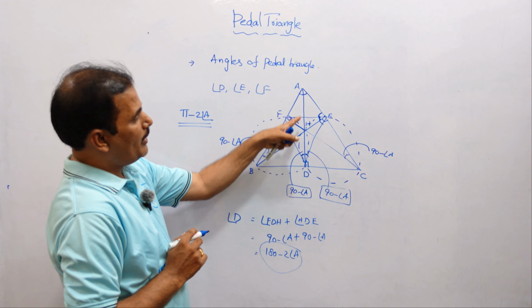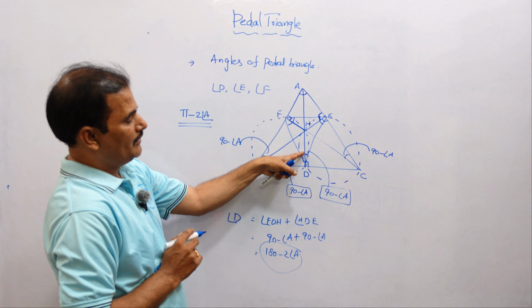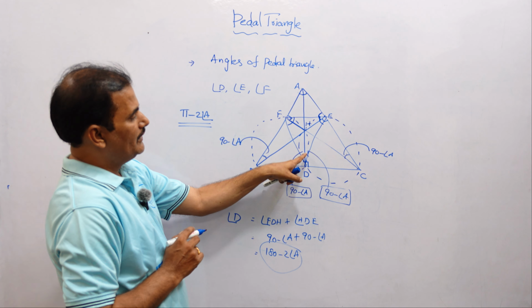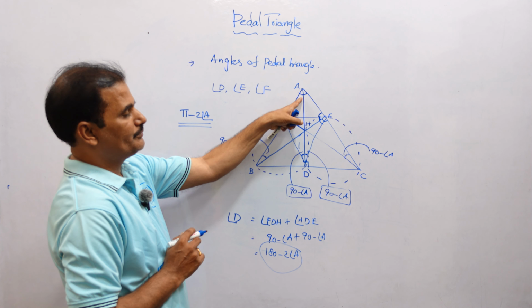Here angle D is opposite to the vertex A. Therefore, angle D is 180 minus 2A.